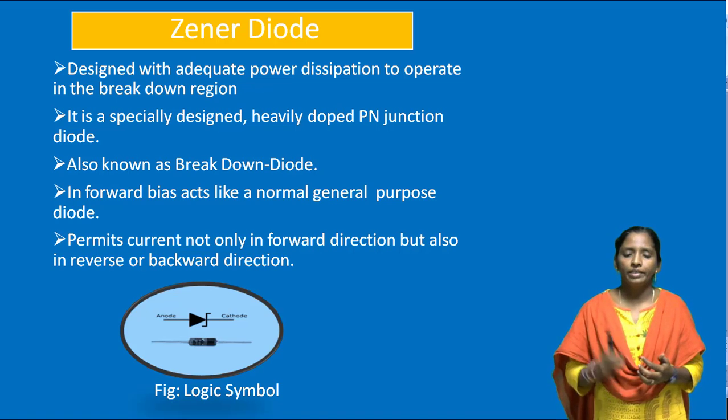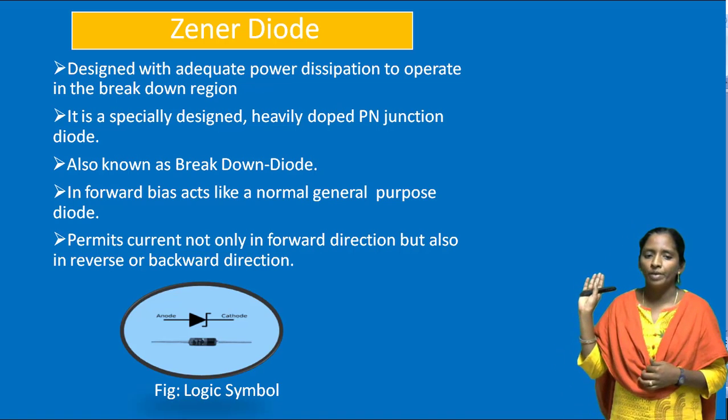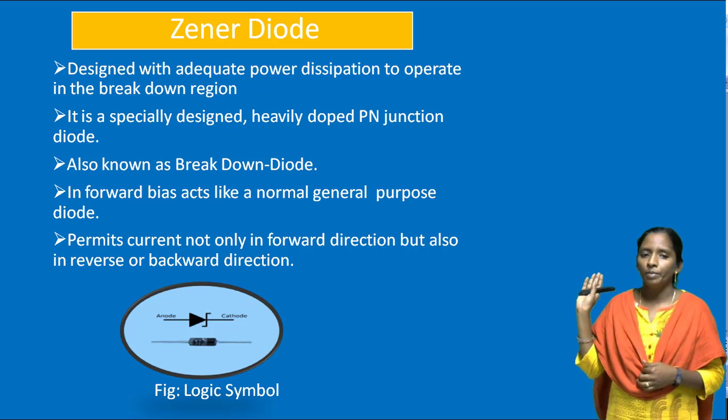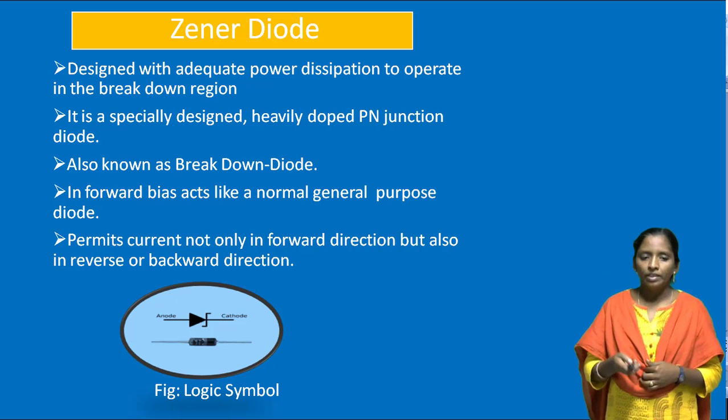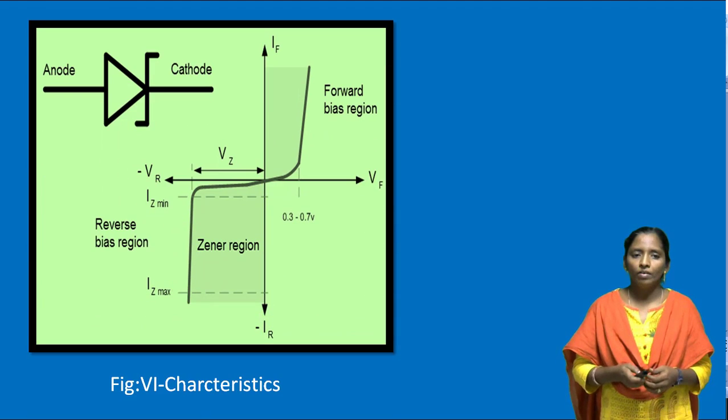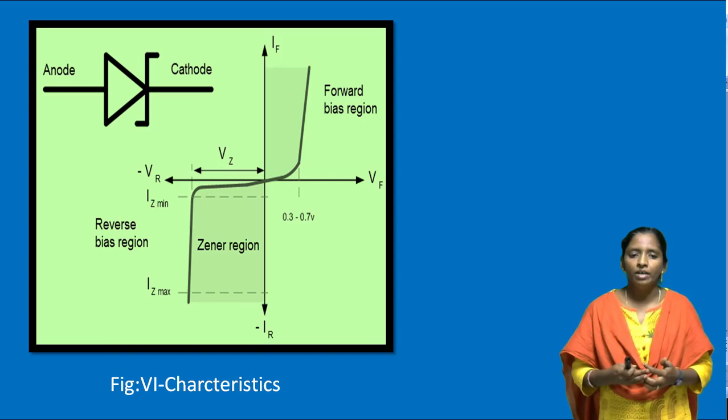This is the logic symbol of PN junction diode, and this is the normally available Zener diode. The VI characteristics of the Zener diode: while it is connected in forward bias, it acts as a normal diode. That means the positive terminal of the battery is connected to P type and the negative terminal of the battery is connected to N type.